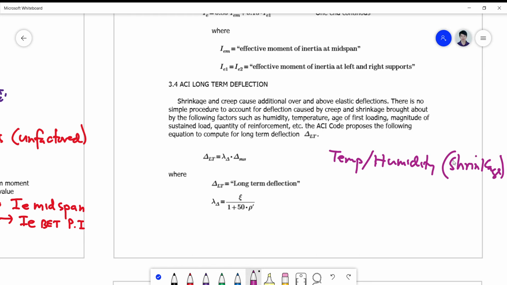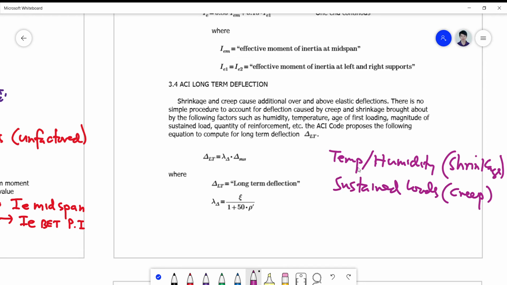Okay, so this shrinkage deflection is actually affected by the presence of humidity and the influence of temperature, while for sustained loadings, this is causing your beam to deflect in terms of what you call creep. Okay, so creep is something that happens when the loads are sustained on the beam or the slab for a long period of time.